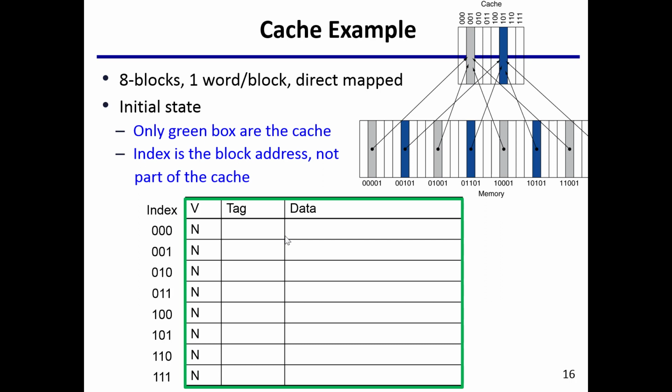So does the cache hold the data from memory or the memory address? The tag is the address. The tag comes from the address, and the data is the contents of that address. This is something that is confusing. You have to think of every bit of data as having an address and data.